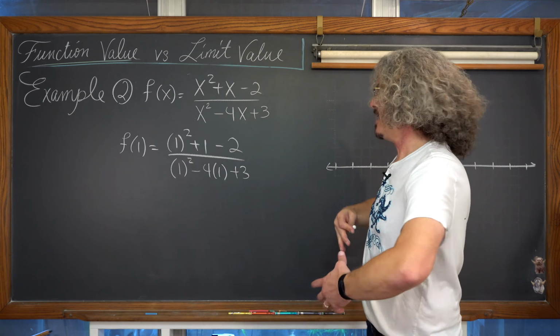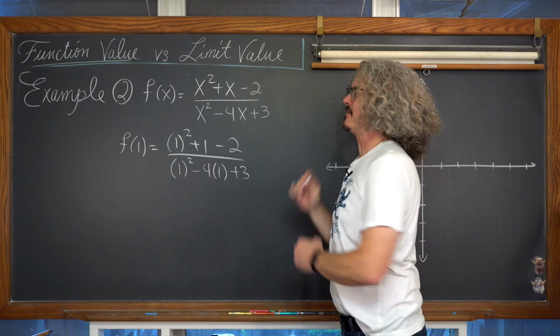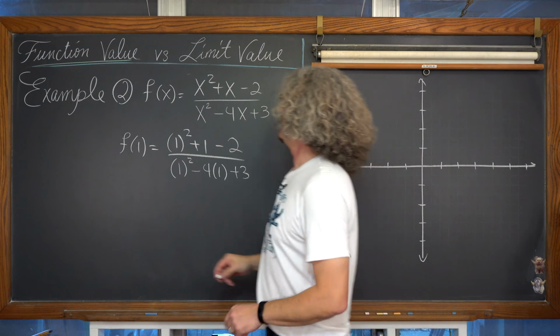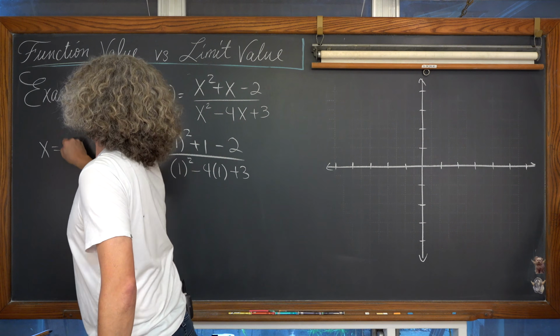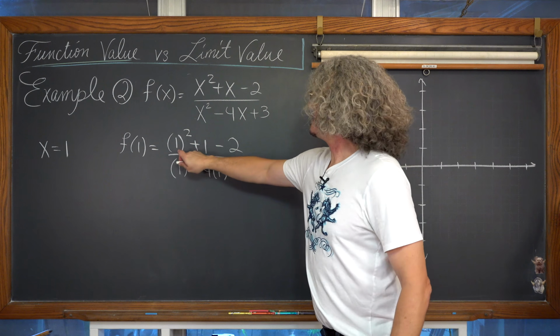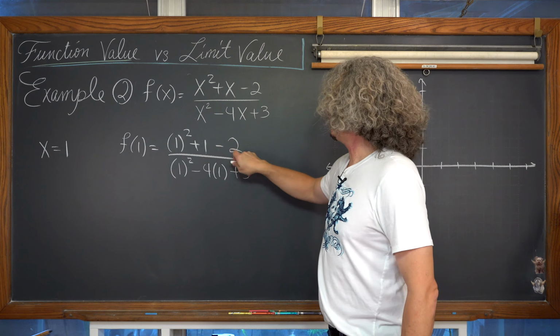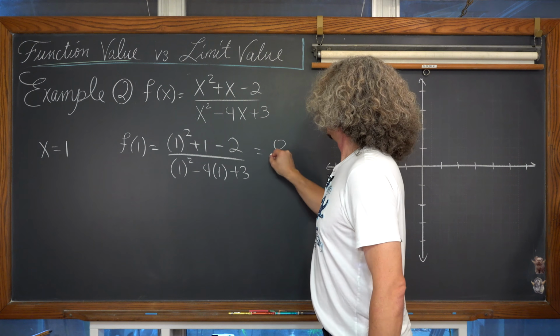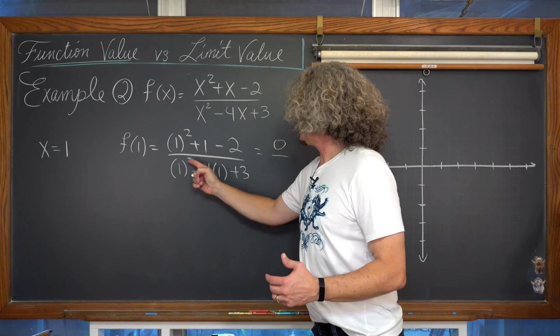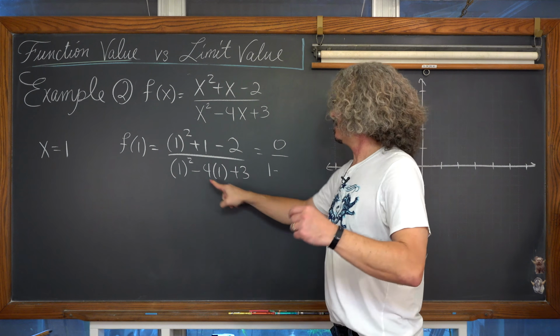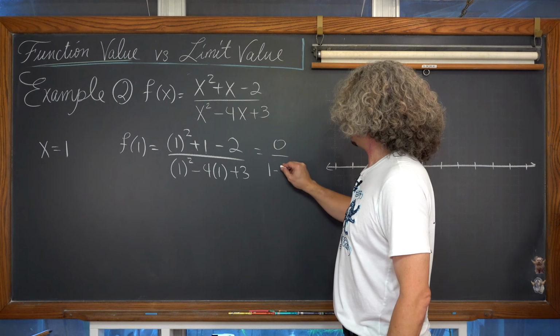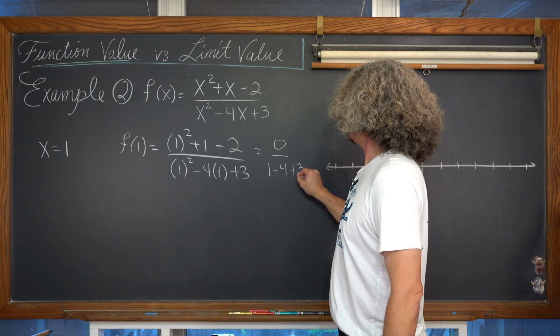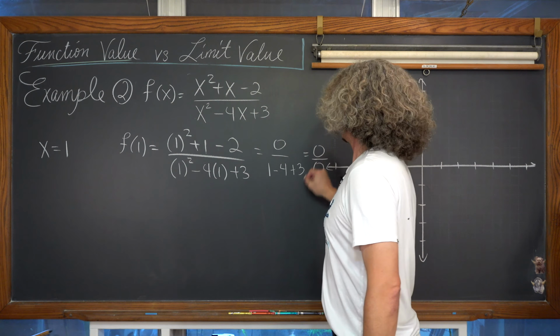So we're trying to find the value of this function at the x value of 1. Well, we have 1 squared is 1, plus 1 is 2, minus 2 is equal to 0. And in the denominator, we have 1 squared is 1, minus 4 times 1 is 4, plus 3. Well, we end up with 0 over 0.